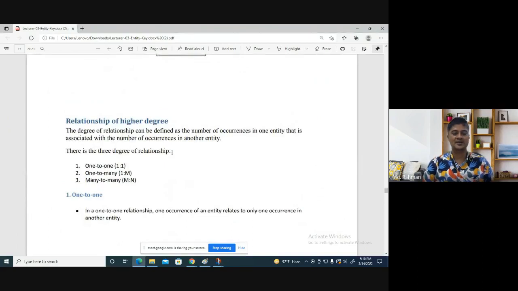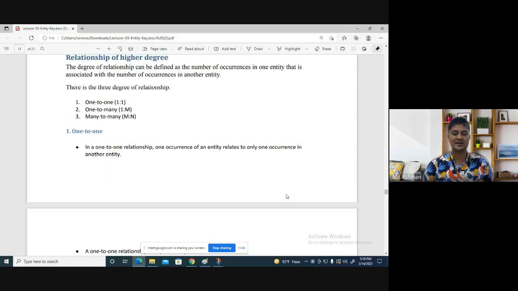Now these are things already discussed earlier, right? One-to-one relation, one-to-many, and many-to-many: these are called the cardinalities. I will show you the cardinalities.